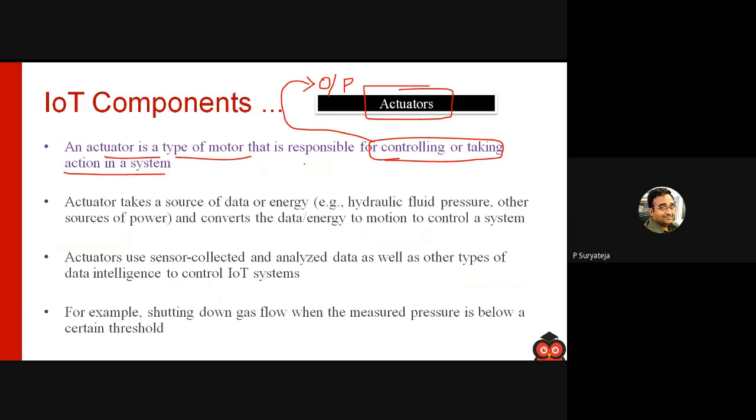Let's say there is a water tank on the top of your house, and you have an IoT system installed on this water tank which will measure the level of the water. Let's say you are using the level sensor which you have seen in the previous slides.